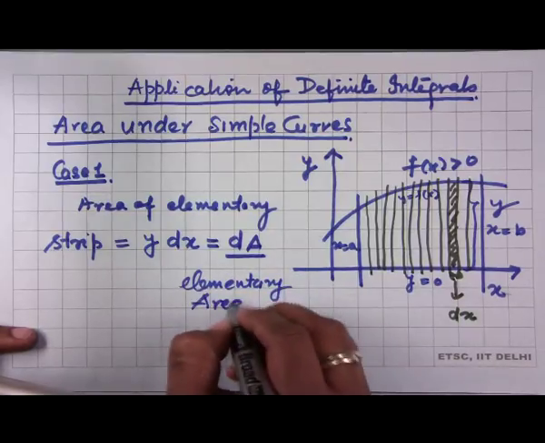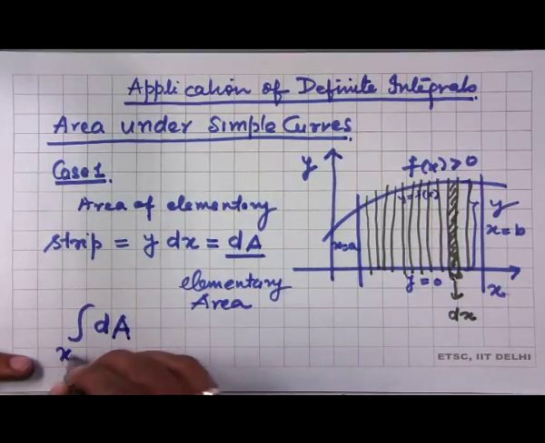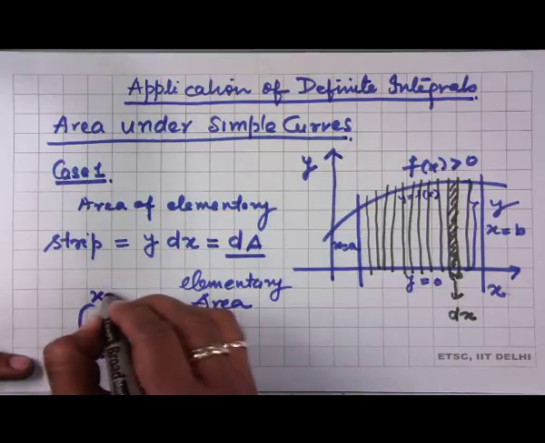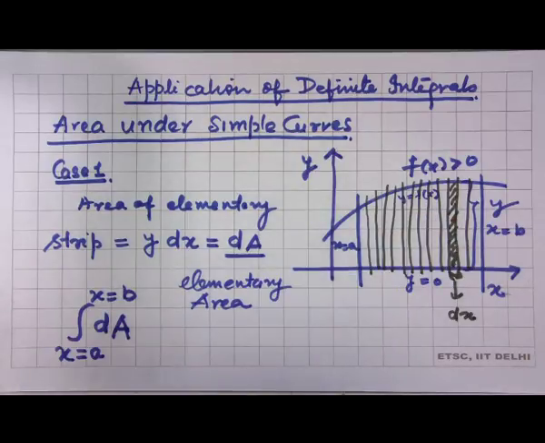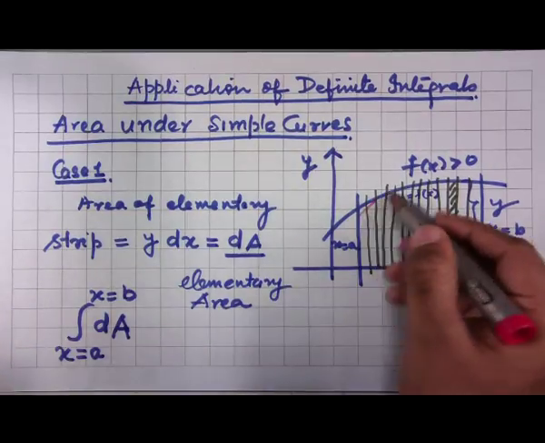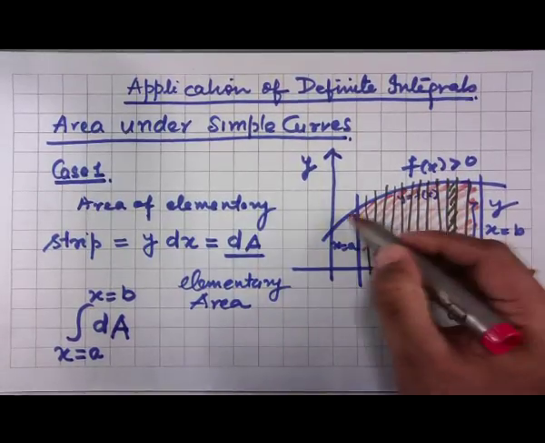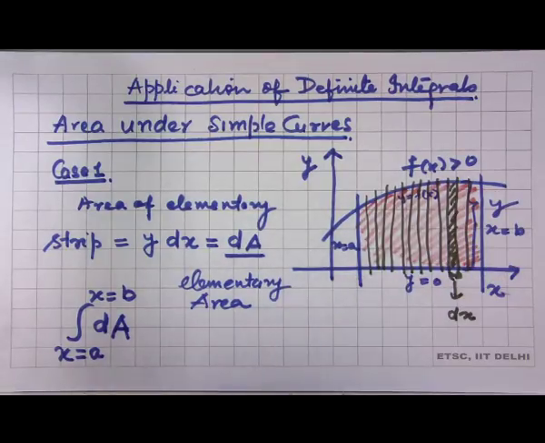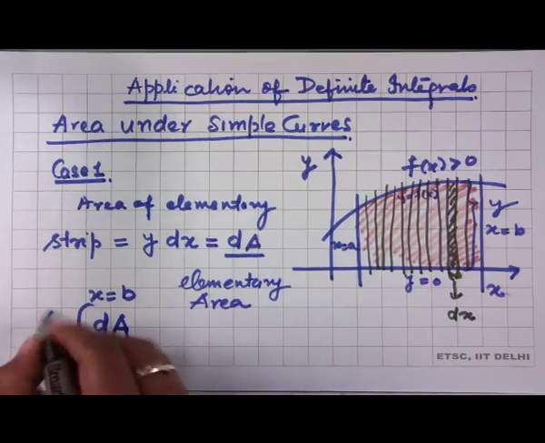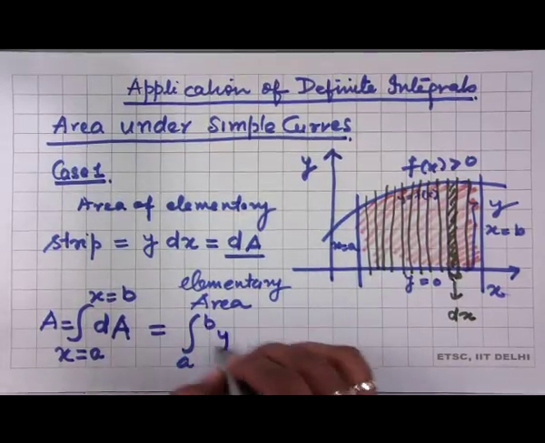If you integrate this dA from x equals to a to x equals to b, it gives you the required area. Let me shade it. It will give you the required area which is bounded between 4 curves: f(x), x equals to a, x equals to b and y equals to 0. So this will give you the required area A. So formula is integral a to b y dx.